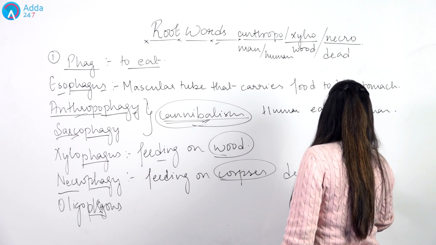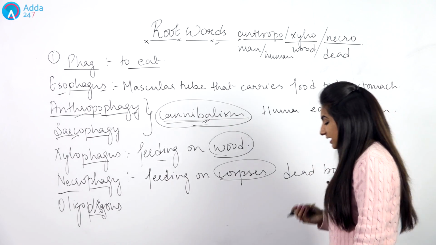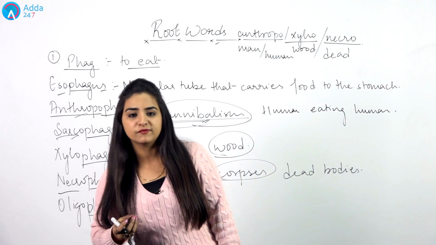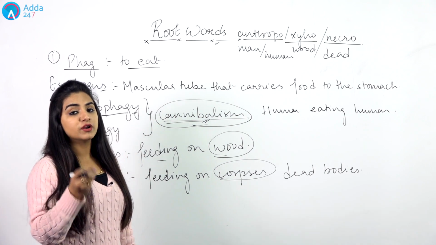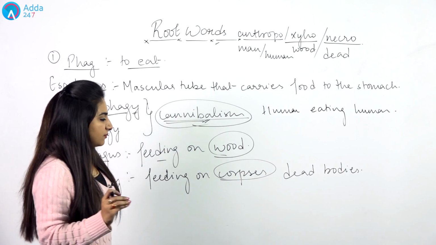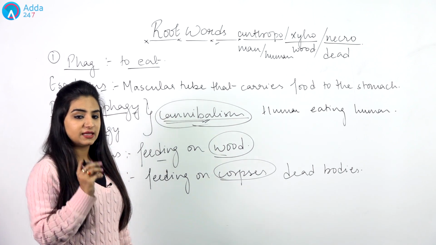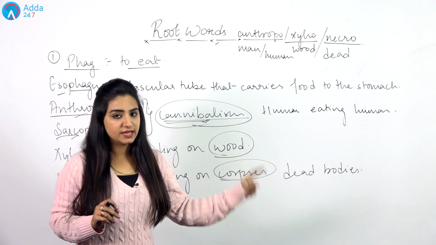So any animal or insect that eats dead bodies, for example, eagles and vultures, whatever dead body of an animal or human is lying, they come and eat it, and that is what we mean by necrophagy, feeding on corpses, that is dead bodies.